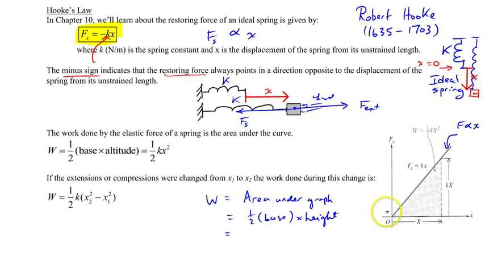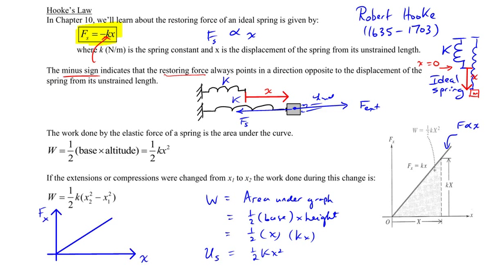The base would be a distance of x, and the height would be this length here, which is equal to kx, as given by the equation F equals kx. And so this would give you 1/2 kx squared. This would represent the amount of stored energy in the spring, which is called spring potential energy.